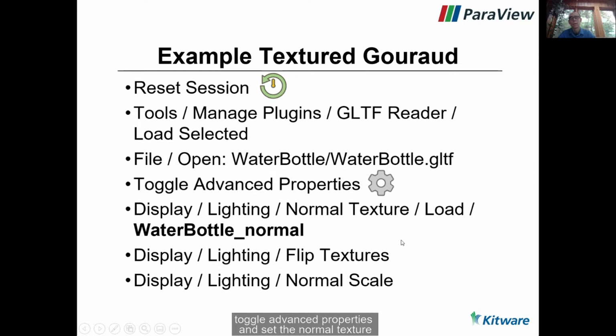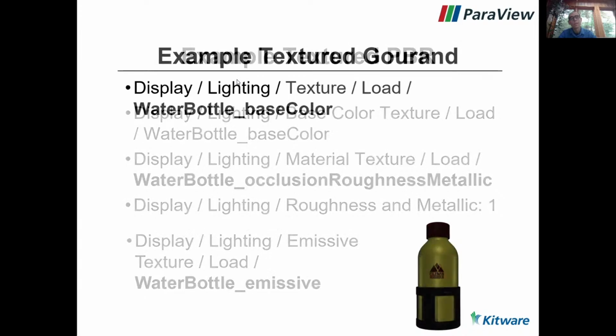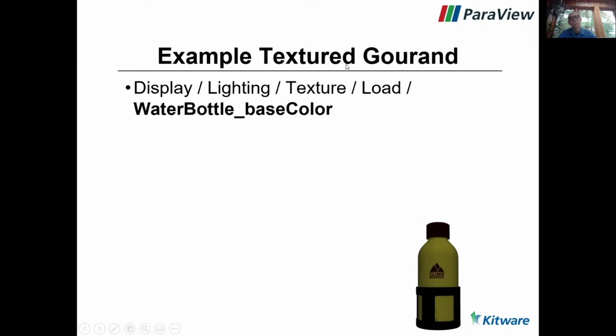Turn on advanced properties and set the normal texture. You'll see we will need to flip the textures to cover the model correctly, and then we're going to set the color texture.